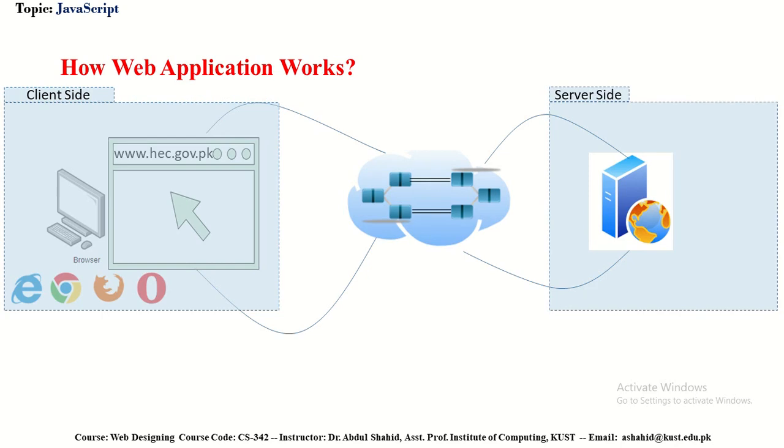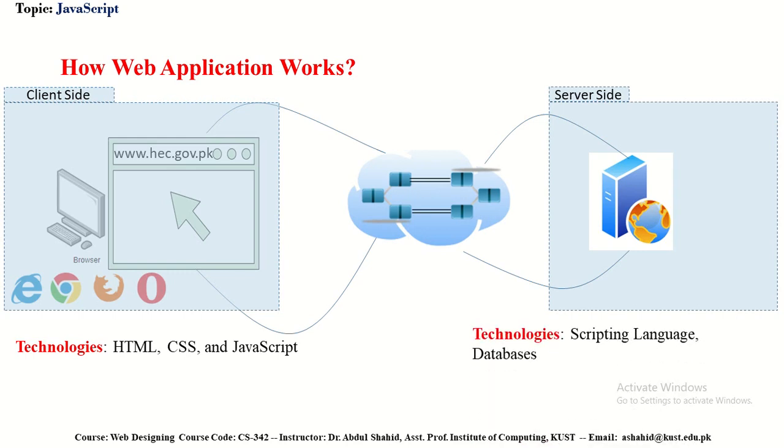So all those technology that are being executed on client side are called client-side technologies, and as you can see, these are HTML, CSS, and JavaScript. Similarly, on the server side, you need to have a language and database systems such as MySQL, SQL Server, etc., and also a web server as well.